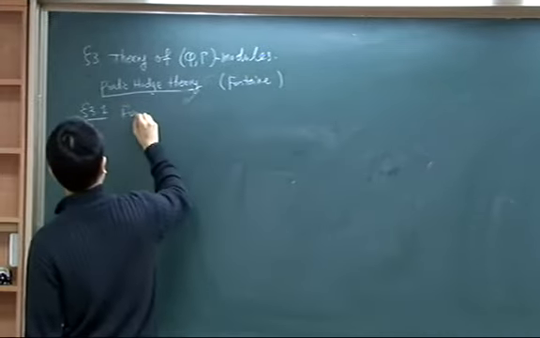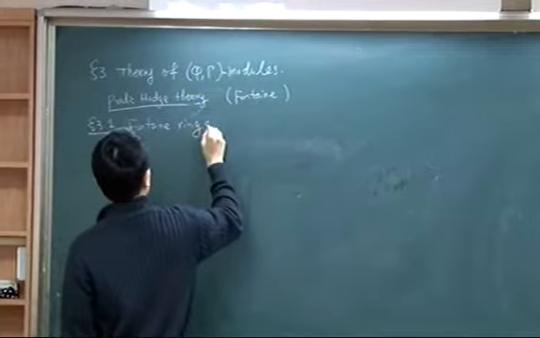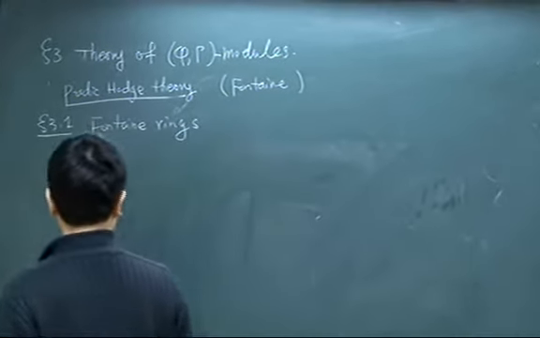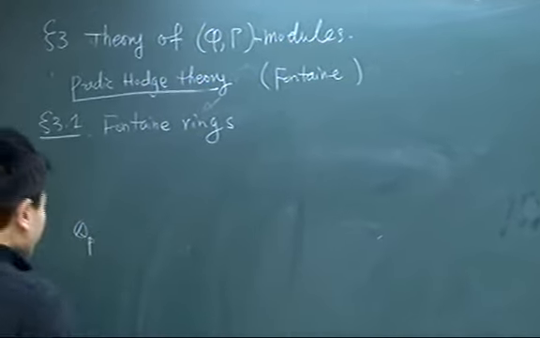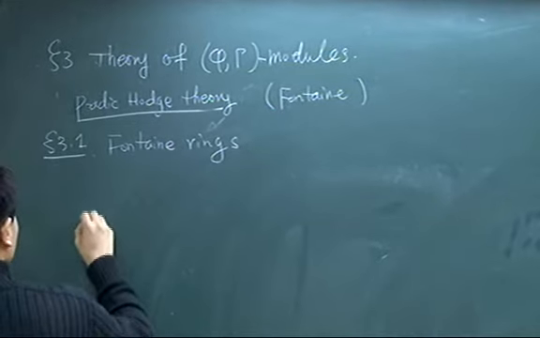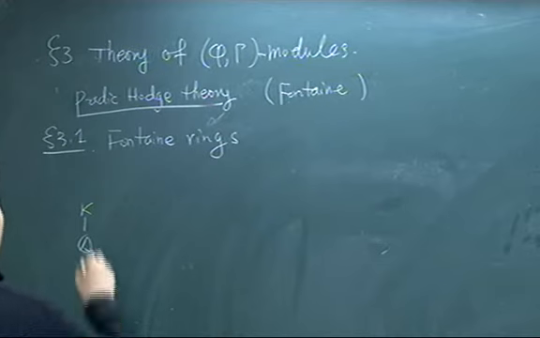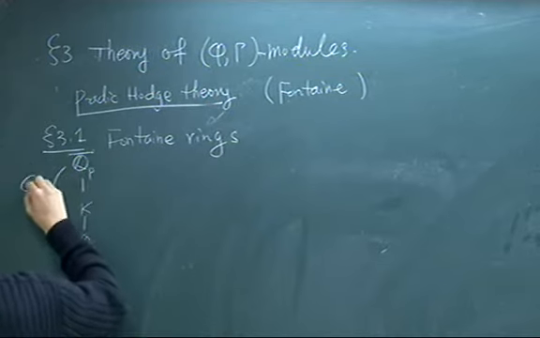So first what I want to talk about is Fontaine rings. There are many rings. What we're going to study is this: we have Q_p, and we have a finite extension of Q_p, which is K. Here we have Q_p bar, and here is G_K.